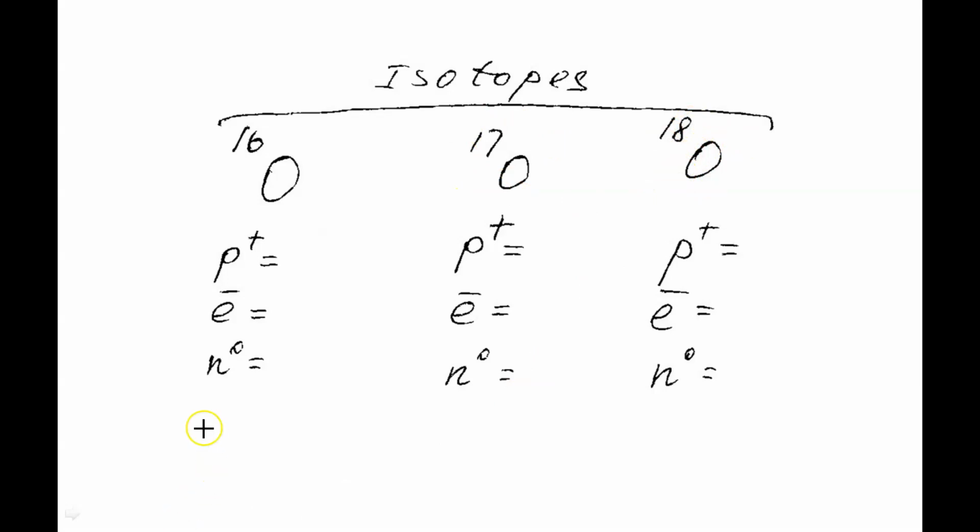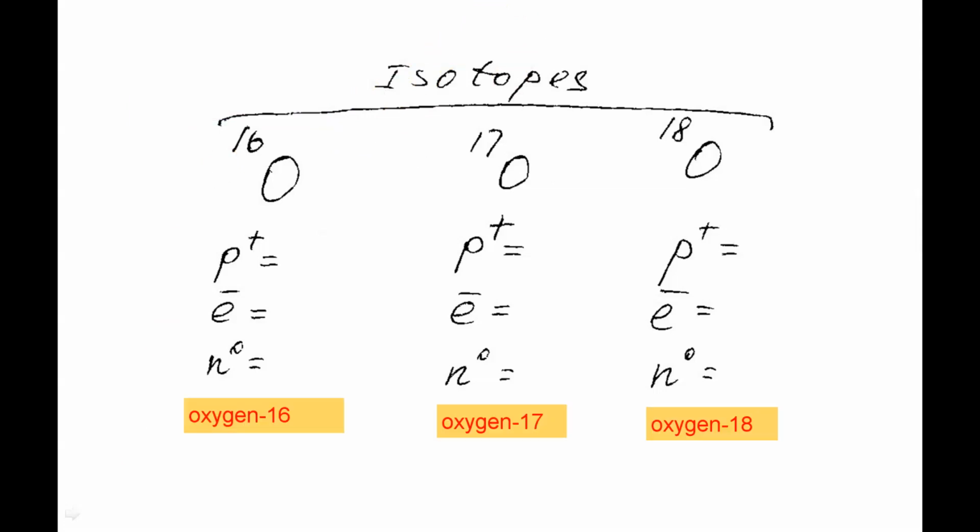So let's name them. So this isotope is gonna be oxygen 16. So here we go. I labeled those isotopes for you. This is oxygen 16. We know it's oxygen 16 because it's written as 16 here as a superscript, and we know the mass of this isotope is 16.